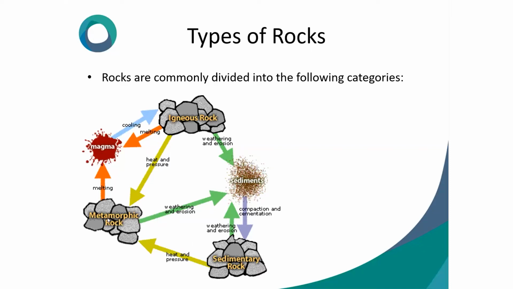Again it melts and becomes magma. Then when it cools, it becomes igneous. Same thing, that is the beauty. This is called a cycle. Again, if it melts, or through heat and pressure, it becomes metamorphic, and because of weathering and erosion it becomes sediment. This is the rock cycle.